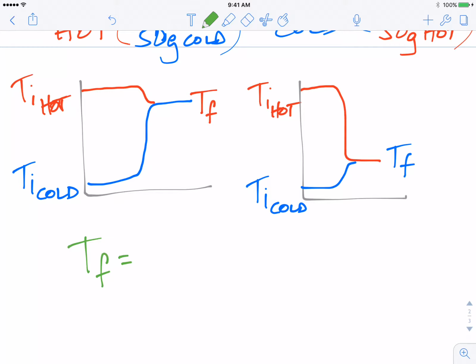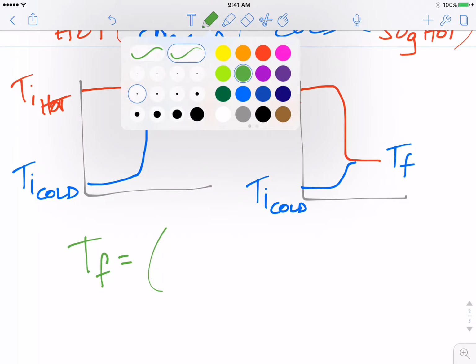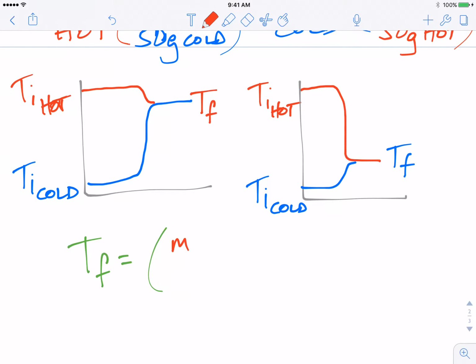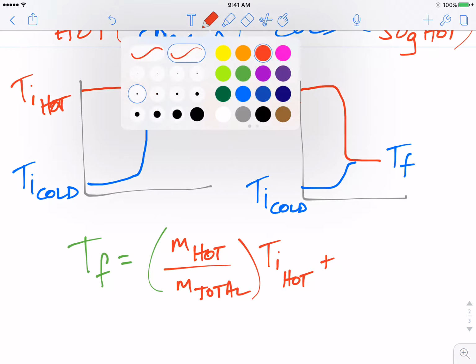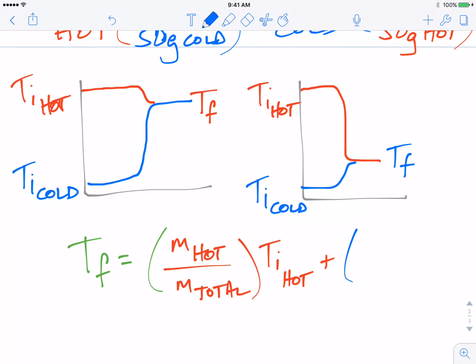So you could do this in terms of percentage. You would say: mass of my hot over mass total, times the initial temperature of the hot, plus mass of your cold over mass total, times the initial temperature of the cold.